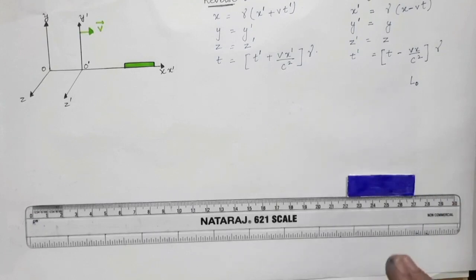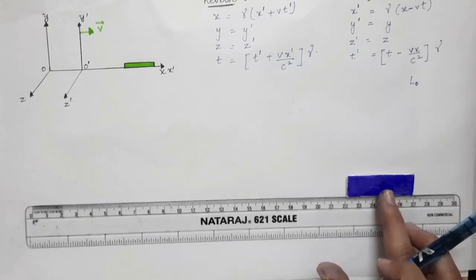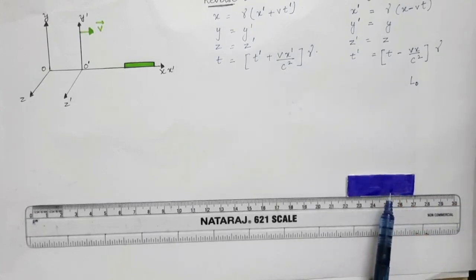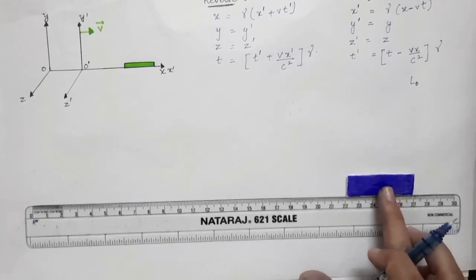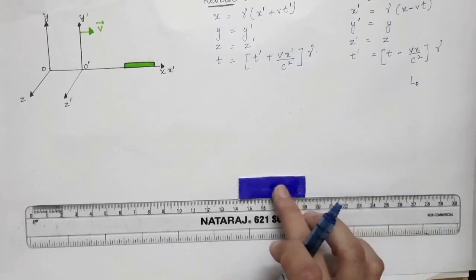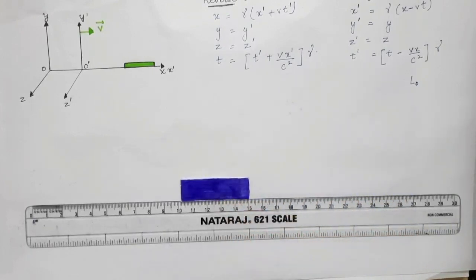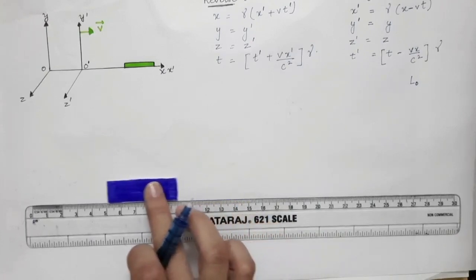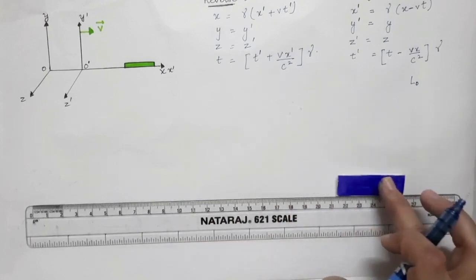So when this object is at rest, its length is 5 centimeters. But when this object starts moving in this manner, the length that you will calculate will be less than 5 centimeters. But in actual, you can see that its length over here remains 5 centimeters when it is moving. There is no change in its length.